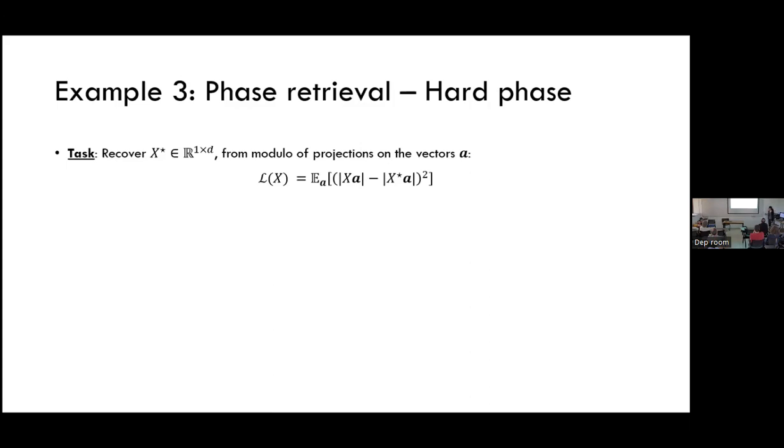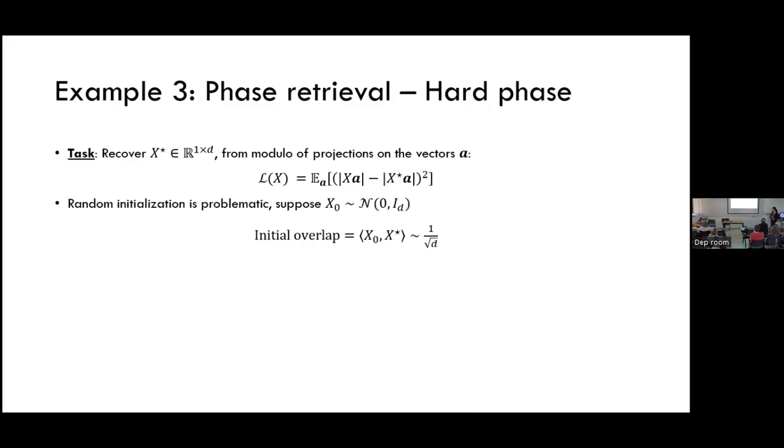The issue with this problem, and this is why non-convex problems are hard, is that when you start the iteration, I don't know anything about this x star, so I will just start with, let's say, a random Gaussian vector.